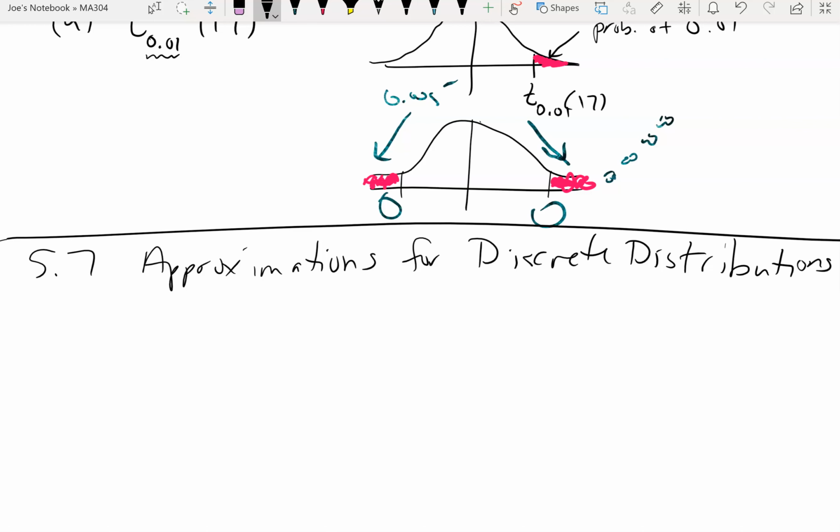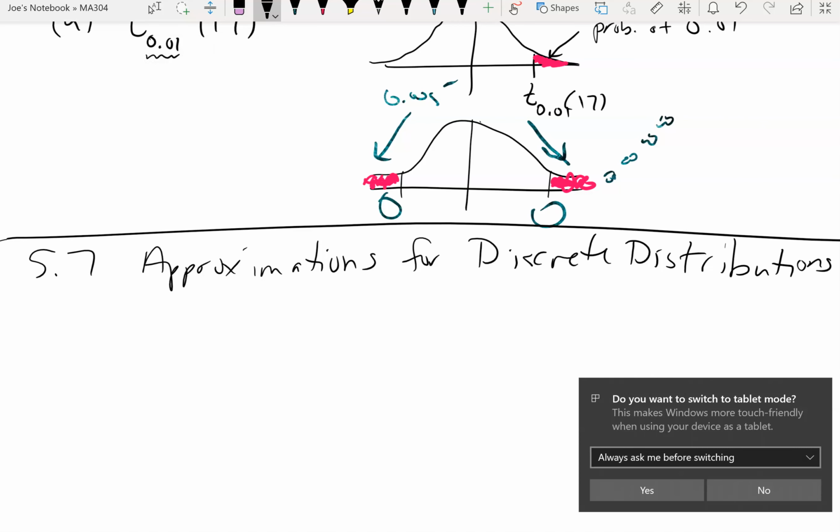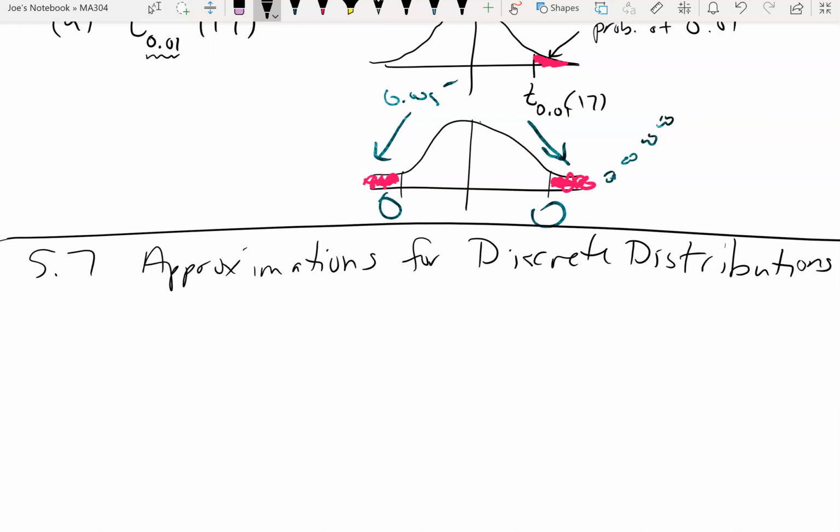And the idea here is that, before the advent of computers and calculators that could do these things and not have to worry about lots of computational overhead, some of these distributions that are discrete are hard to calculate the probabilities for if you're doing it for lots of possibilities.